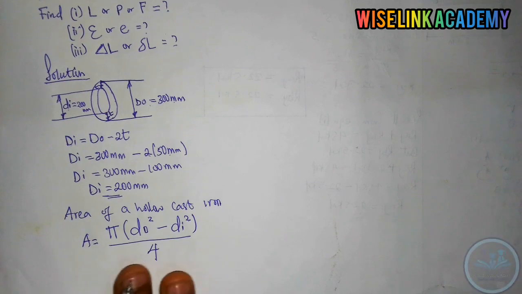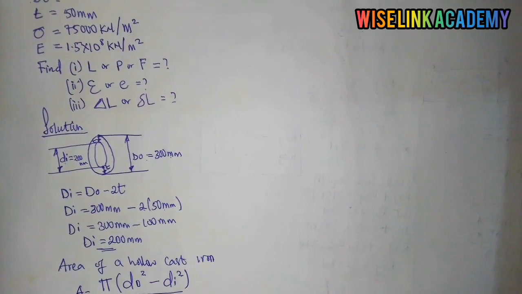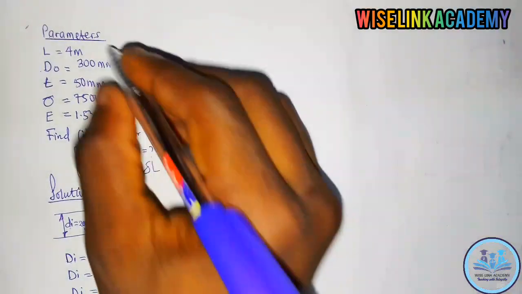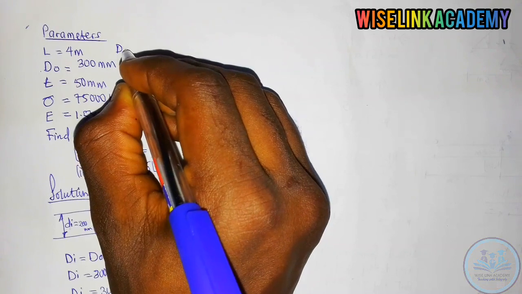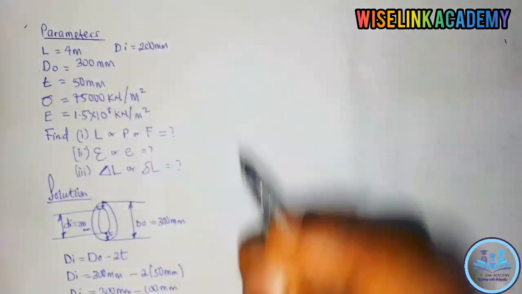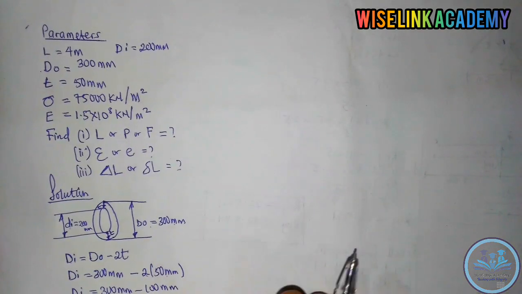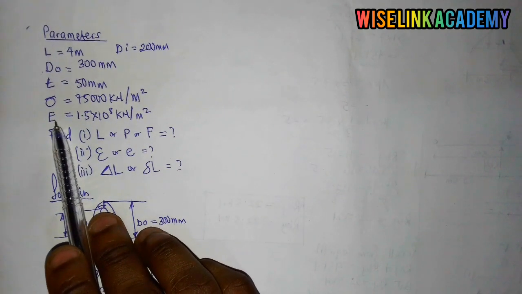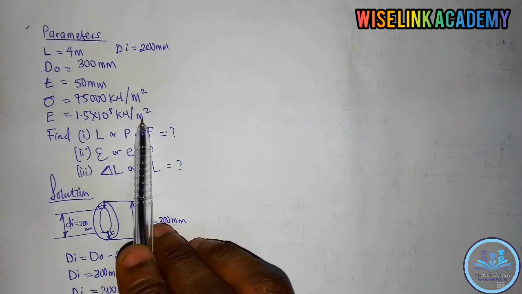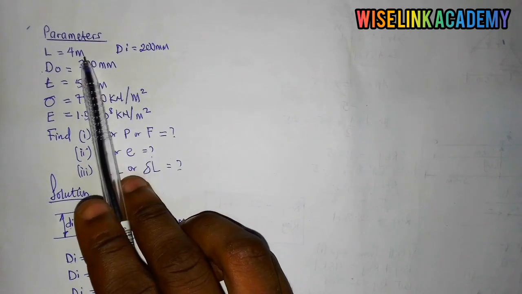So if I insert my values, let's do that. But before inserting our values, I've gotten our D inner to be 200 millimeter. Now always remember that whatever your Young modulus takes as the final unit, that is what everything must have.